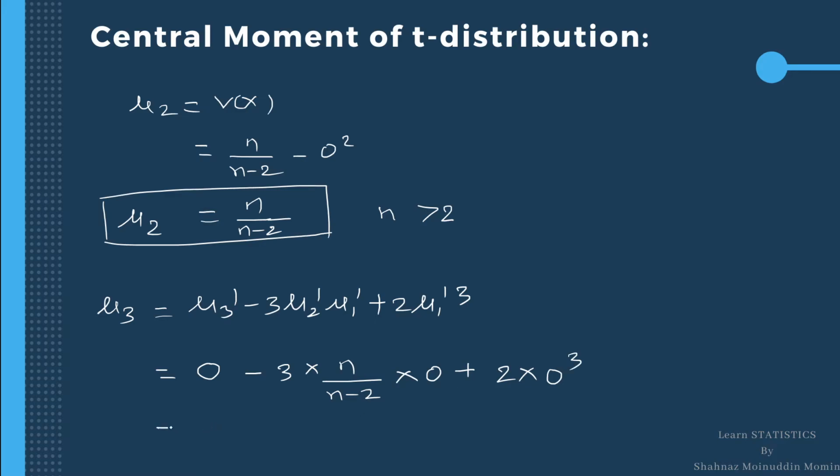So it is 0. Hence the third central moment of a T distribution is 0.